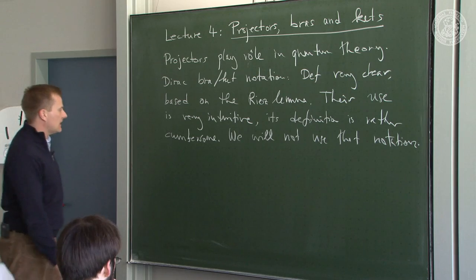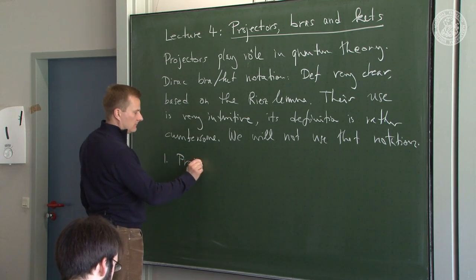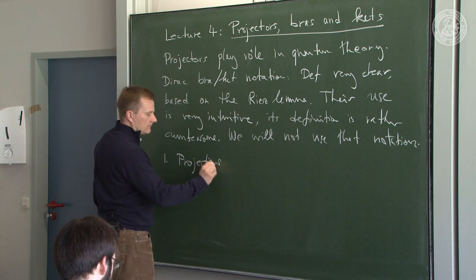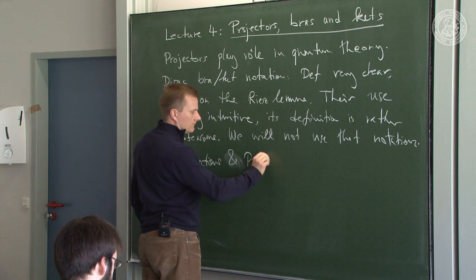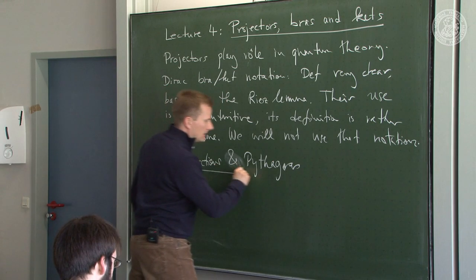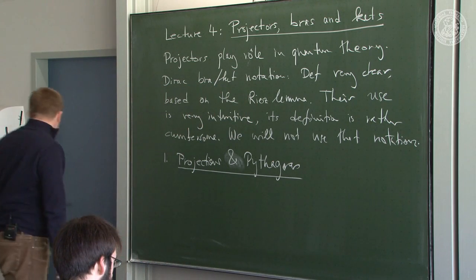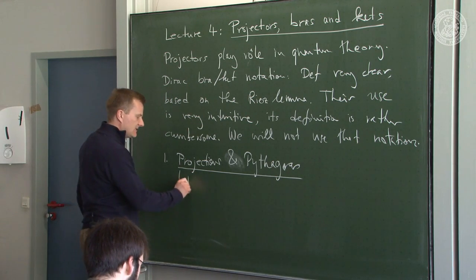So we first start with projections and Pythagoras' theorem. Now, obviously, in finite dimensional Hilbert spaces, vector spaces, there's not much to be said. Nevertheless, we will consider a separable Hilbert space.